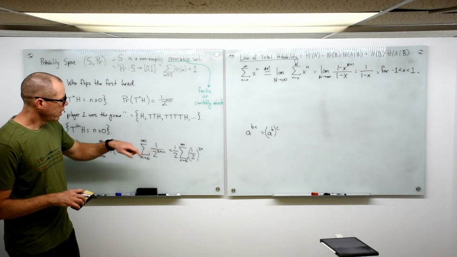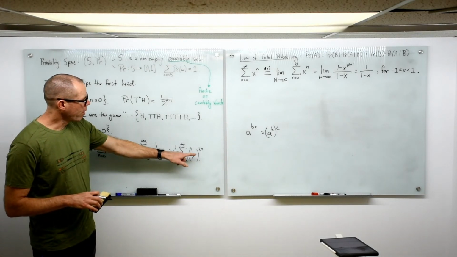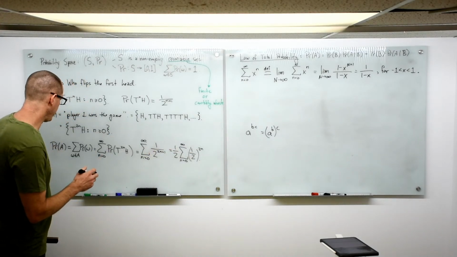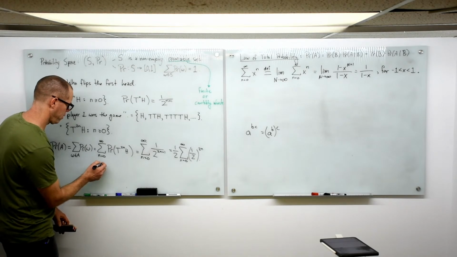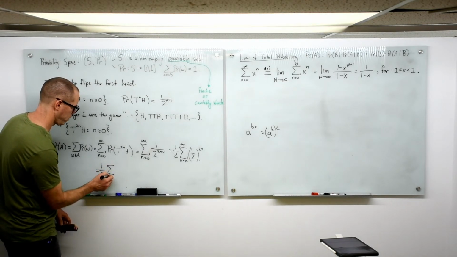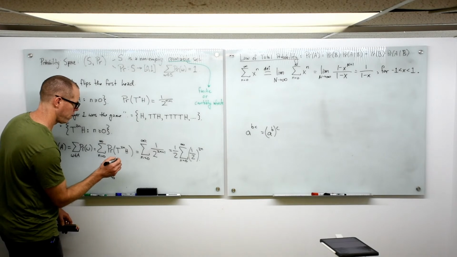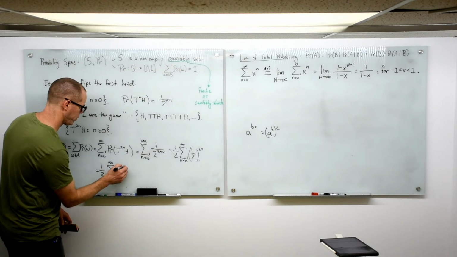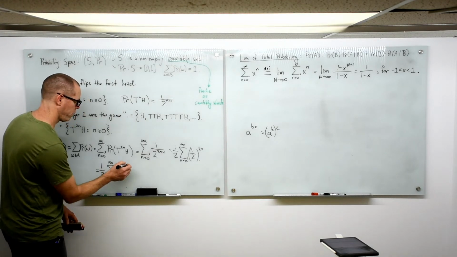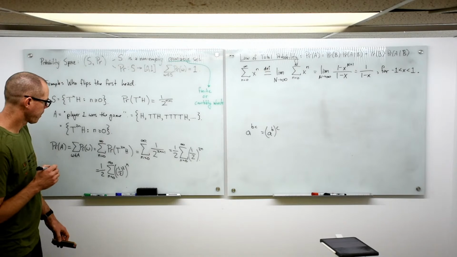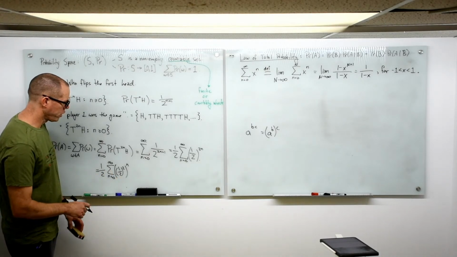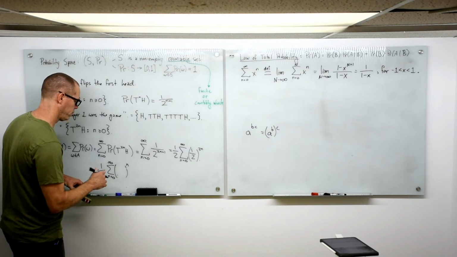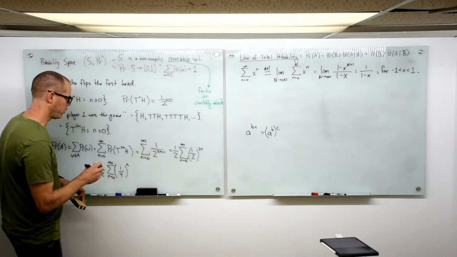And so for us, our a is 1/2, our b is 2, and our c is n. So that means we can write this like 1/2 squared to the n, which 1/2 squared is just 1/4. So that's 1/4 to the n.